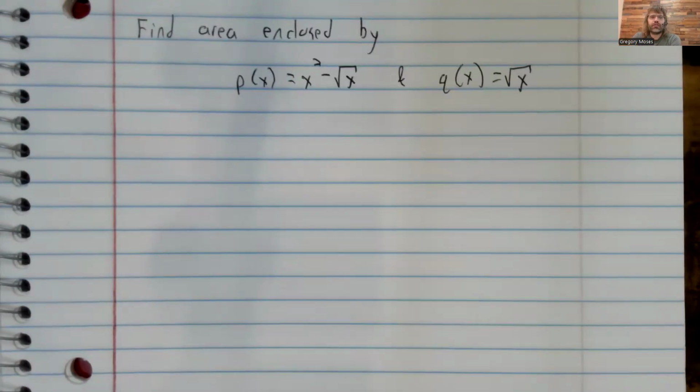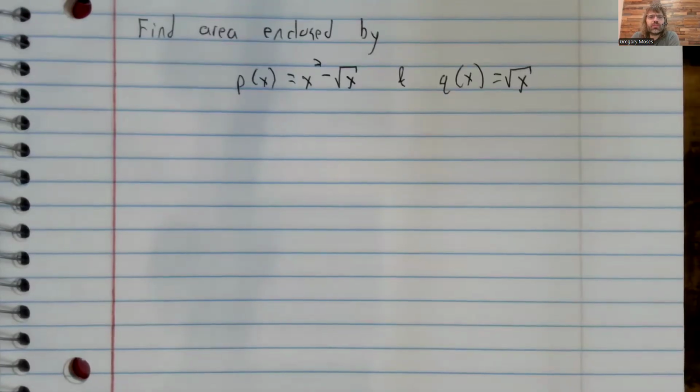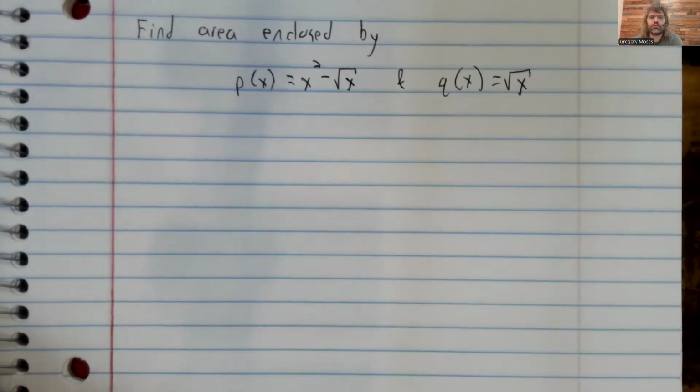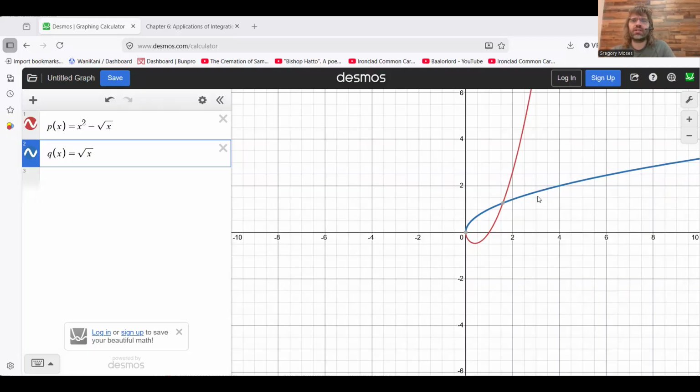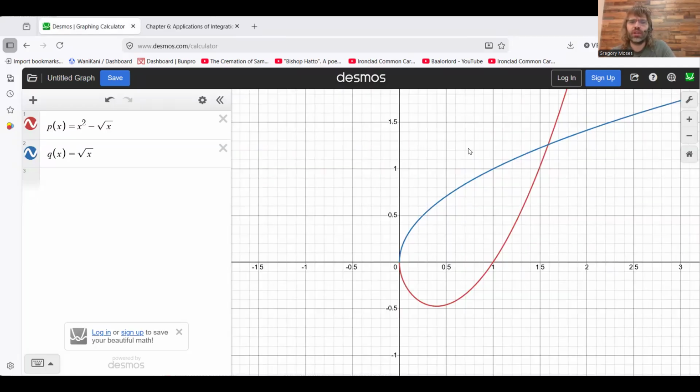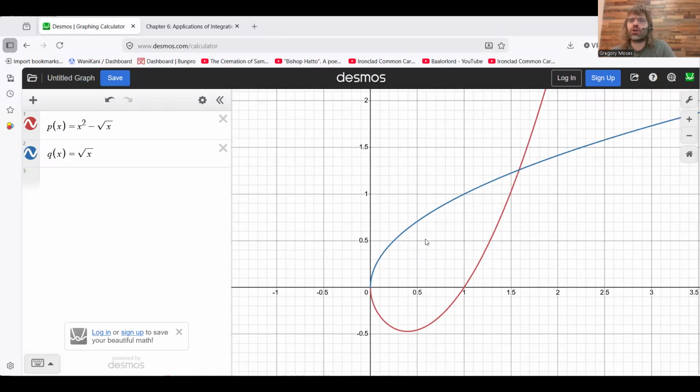Let's find the area of the region enclosed by the curves p of x equals x squared minus the square root of x, and q of x equals the square root of x. And you see, I haven't given you in the problem any limits of integration, but these curves do just enclose a region.